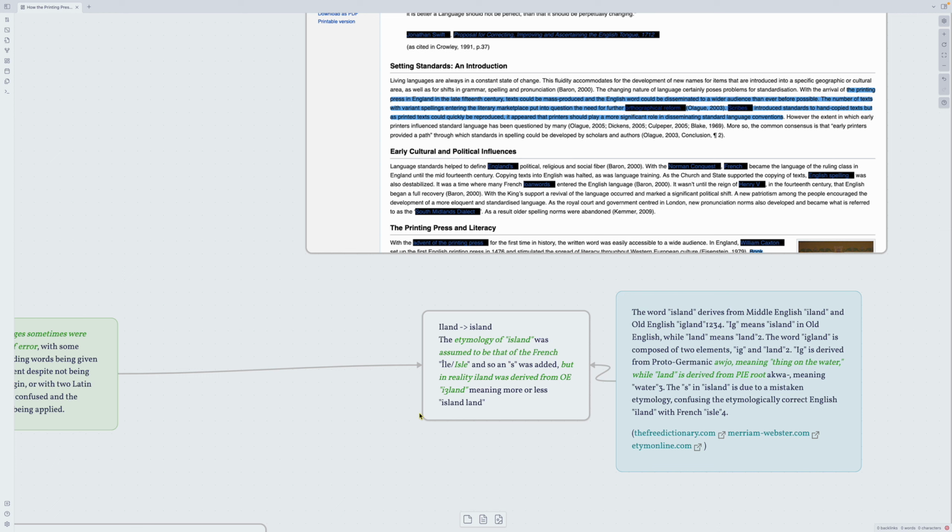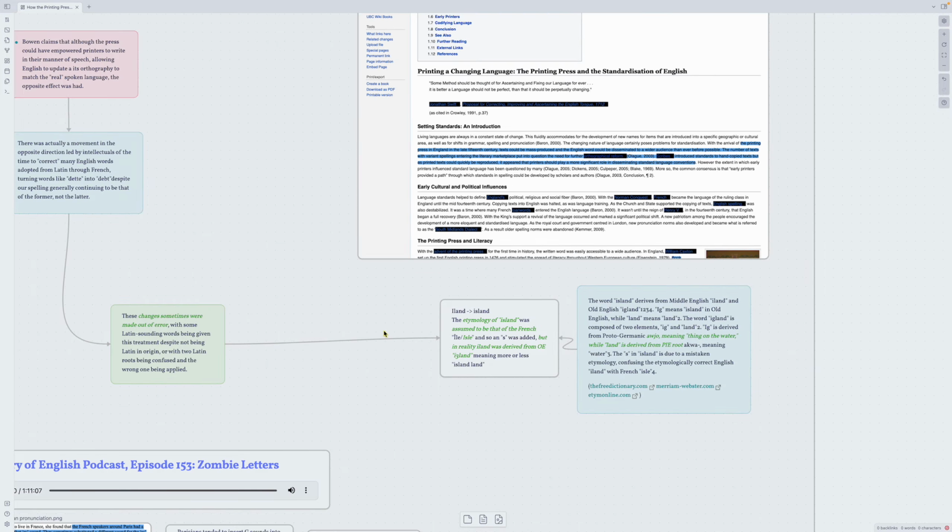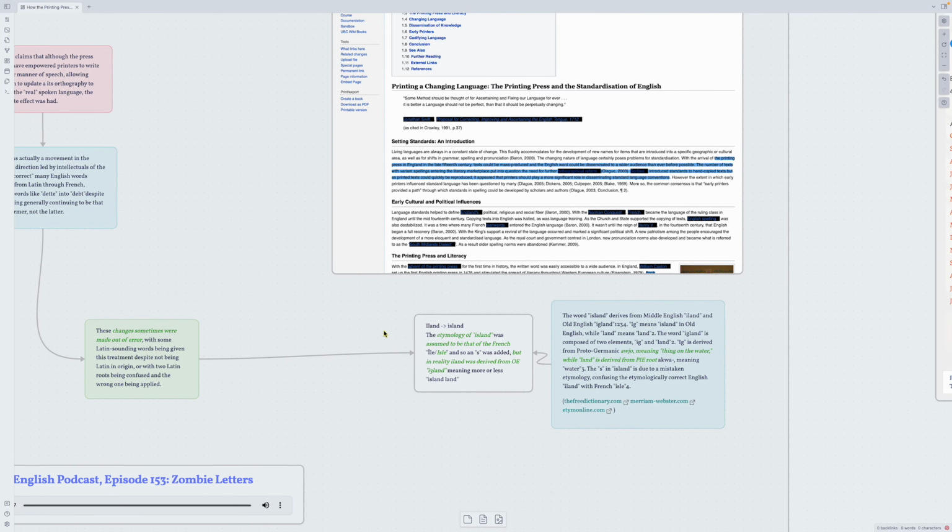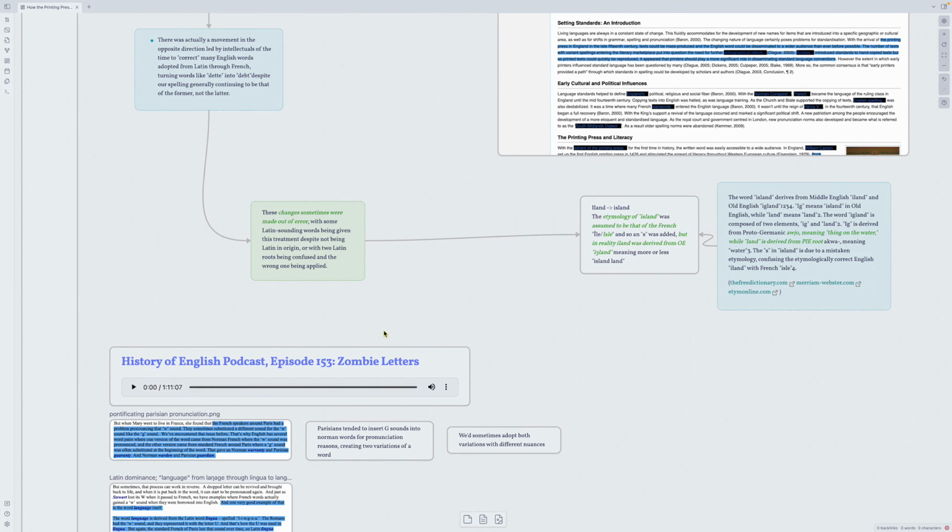But actually, it was derived from an Old English word, igland, and it basically means island. But this S was added to the English word island because of an assumed etymology, even though it wasn't the case. And in this case, with the S in island, maybe it was just too much friction. It was just too hard to pronounce, maybe.